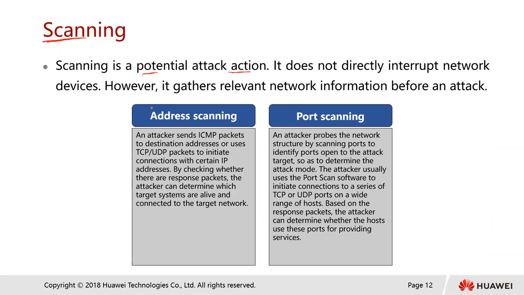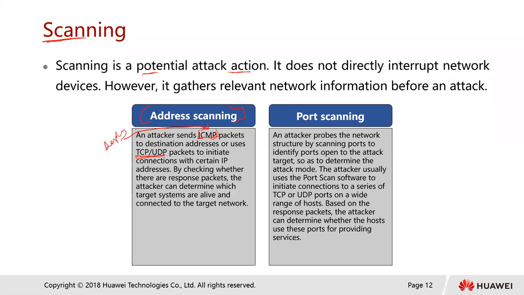Usually they do a lot of address scanning to find out the addresses on your network. An attacker sends an ICMP packet to a destination address or uses TCP or UDP packets. We looked at these protocols and now we are seeing how they are being used. Because remember, when you send an ICMP packet, you're expecting a reply, right?